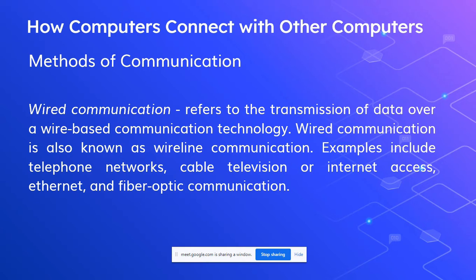So, hindi pa naman lahat na phase out ang wired communication kasi ginagamit pa rin siya hanggang ngayon. Like sa ating internet service providers na gumagamit ng optic cables papunta sa ating mga routers. So, this is an example of wired communication.